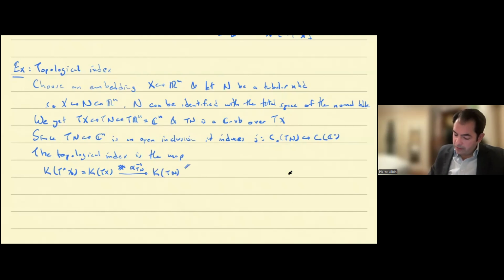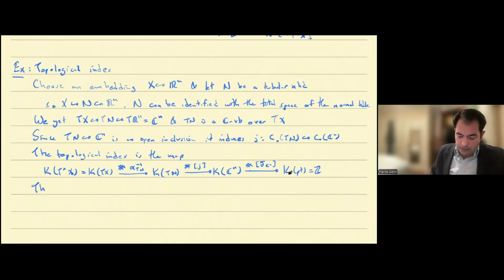And then we can take Kasparov product with the class of J to end up in the topological K-theory with compact support of Cn. And then we can take the Thom isomorphism, which here is just the Kasparov product with the class of the Dolbeault operator on Cn, and we end up in the topological K-theory of a point, which is the integers.